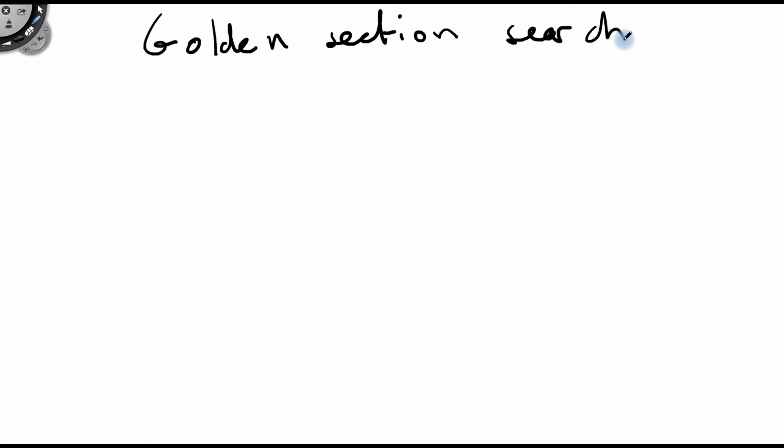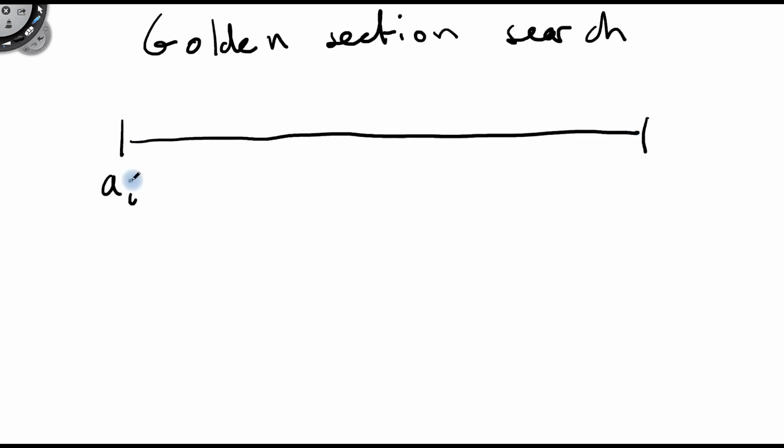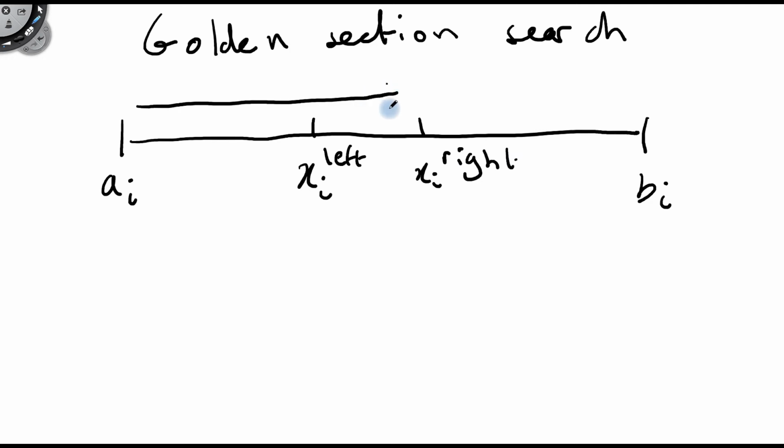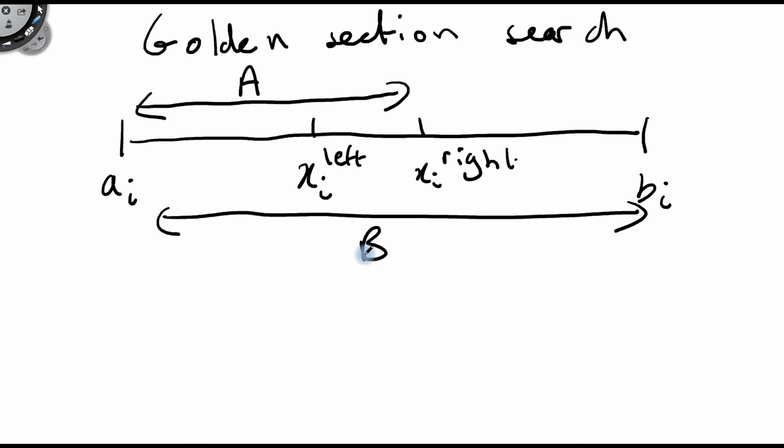So let's just sketch by hand that first section. Okay, so we had A_i and B_i, and we had x_i left, x_i right, and I had this ratio here of A and B. So this is all in the notes.